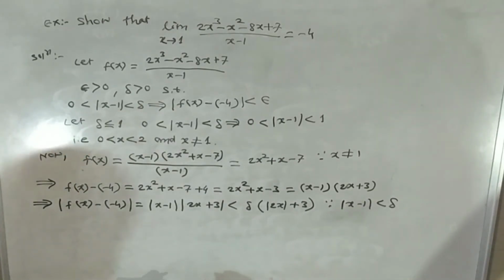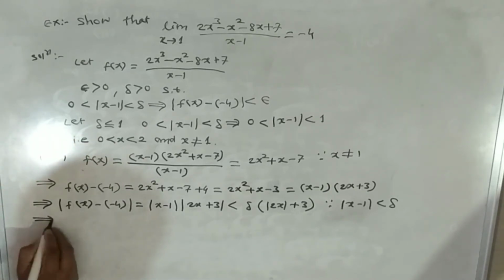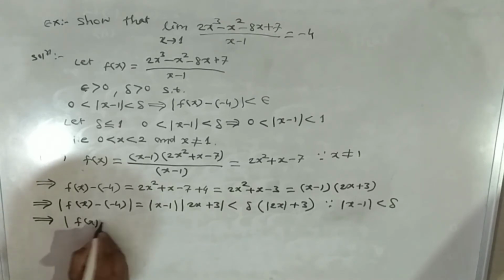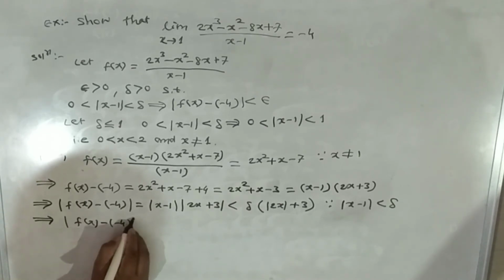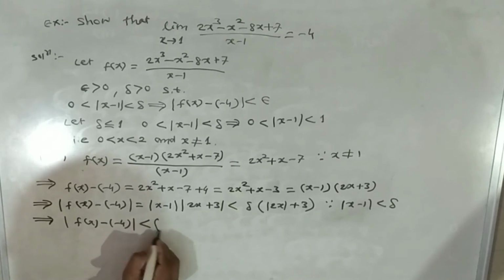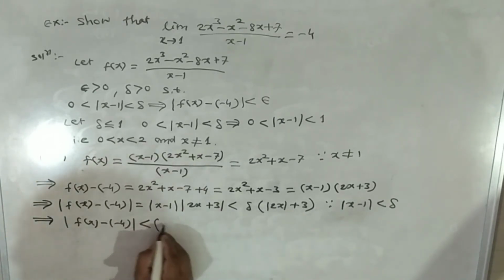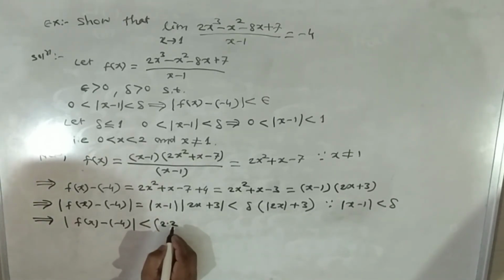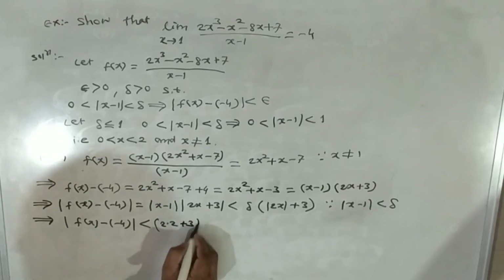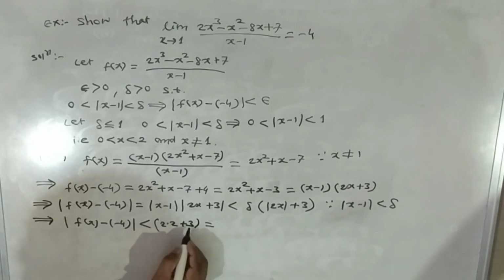And therefore this implies that mod f of x minus 4 is strictly less than 2 into 2 plus 3, which is equal to 2 into 2 is 4, plus 3 is 7.